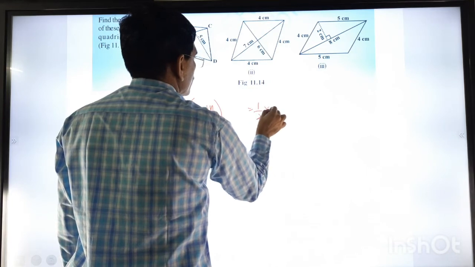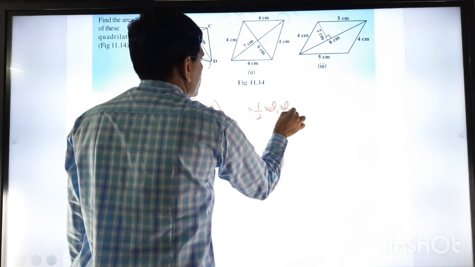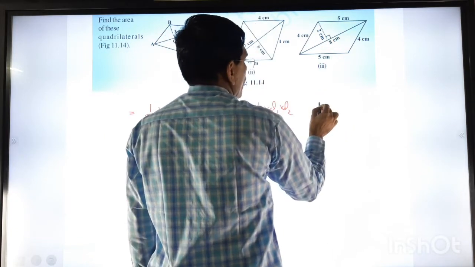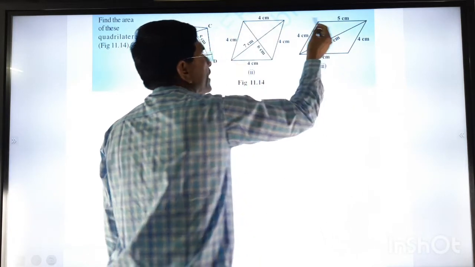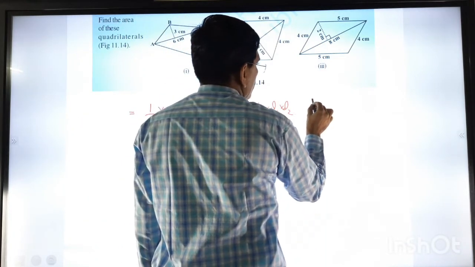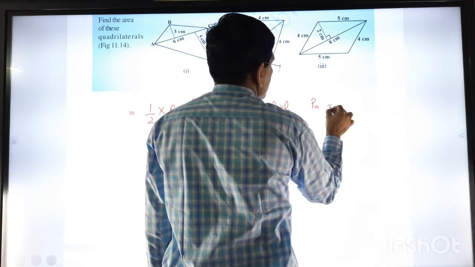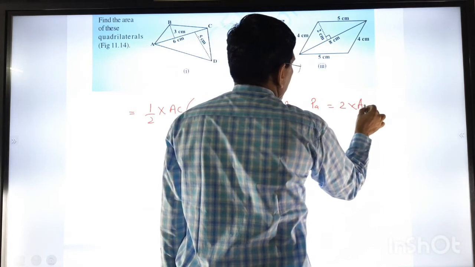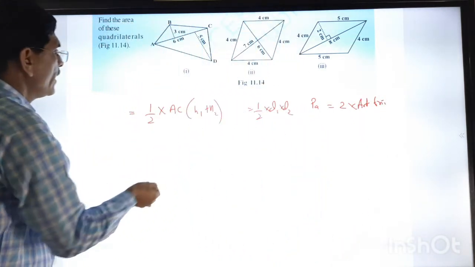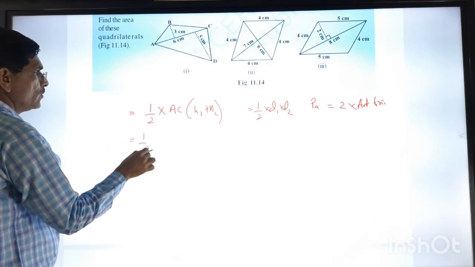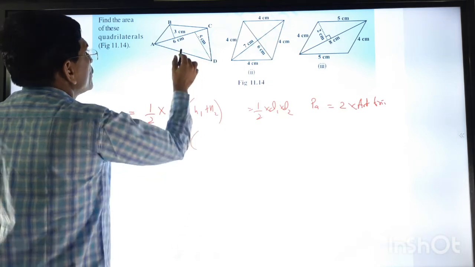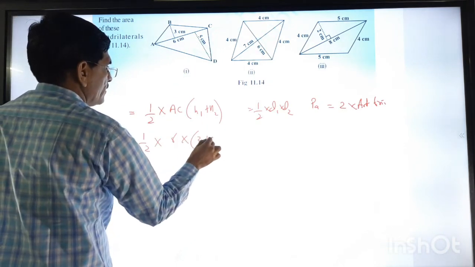Here it is a parallelogram, and the area of a parallelogram is equal to twice the area of a triangle. Now put the values: 1 by 2 into AC, that is 6, in bracket 3 plus 5.